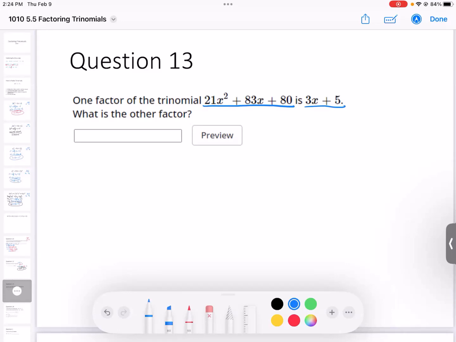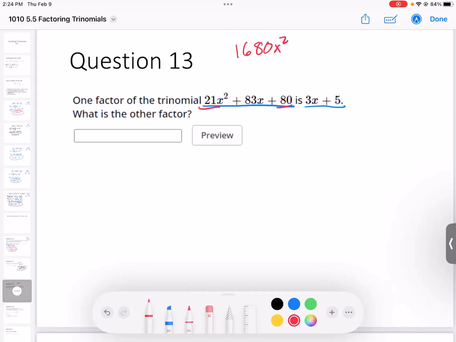However, in this case, it's kind of challenging, because if you do 21x squared and multiply that by 80, you're going to get, I think, 1,680x squared or something like that. And if you go through and try to figure out what multiplies to equal 1,680 and adds to 83, it might take you a little while.